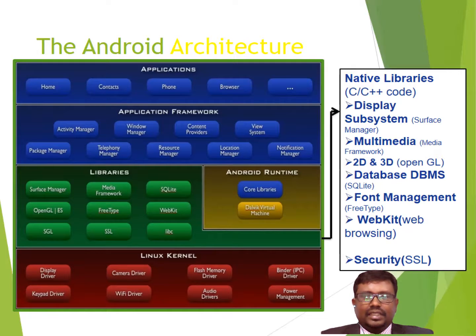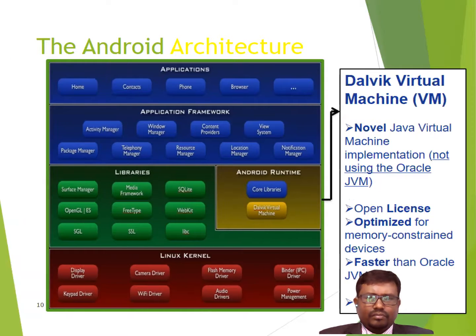Subsystem activities, display system, right? So to use these, the native libraries are inbuilt in the operating system itself. The developers can incorporate these kinds of libraries in the development, right? So all the libraries, in turn, support the kernel level operations.